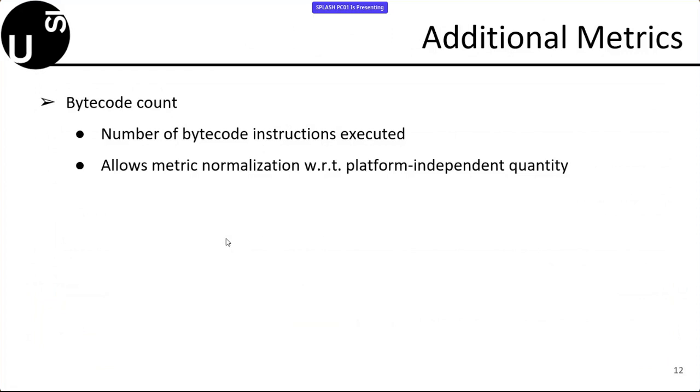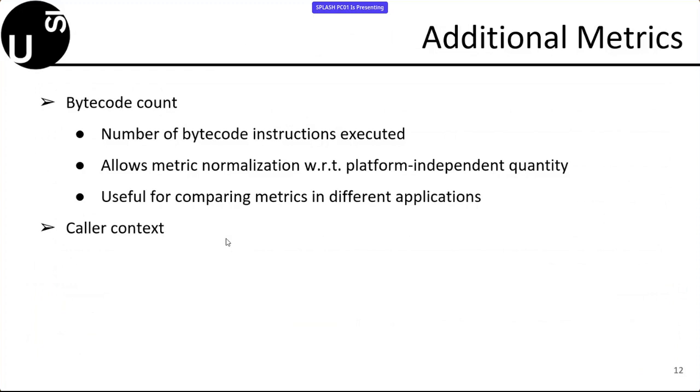This metric allows normalizing the other collected metrics with respect to a platform-independent quantity that represents the amount of computation performed by the application. This can be useful when comparing metrics collected in different applications.